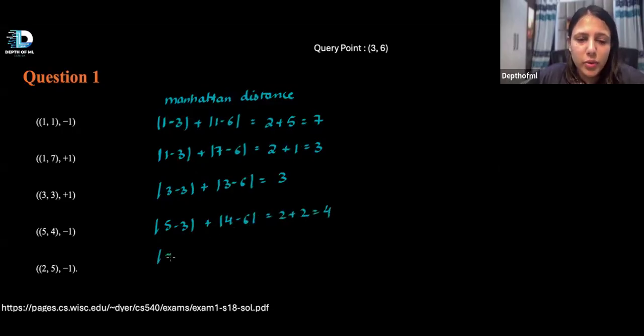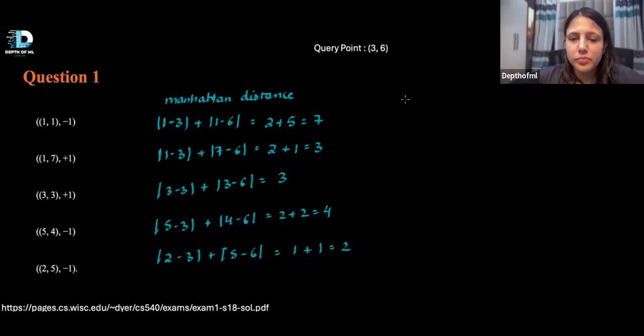And then you have 2 minus 3 plus 5 minus 6, which is 1 plus 1, which is 2. Fine. Now we will find the nearest neighbors. We have to find three nearest neighbors.